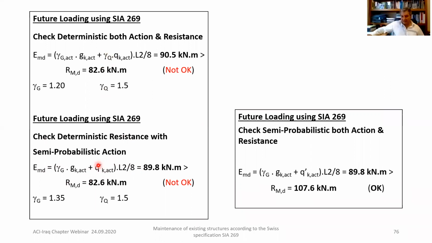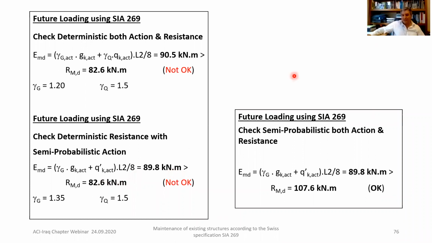It's because it came directly without factor of safety. It's already calculated. So you can see you reduce the factor of safety. Here, the calculation came as a deterministic evaluation for resistance with semi-probabilistic action, but it's still not okay, but it's very close.